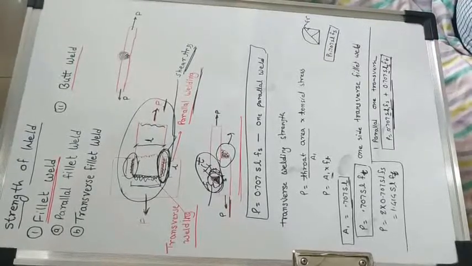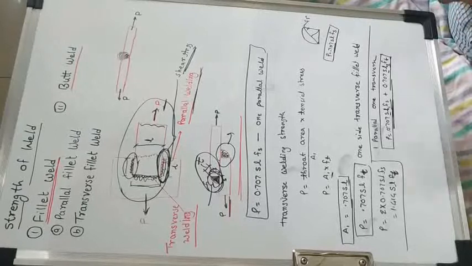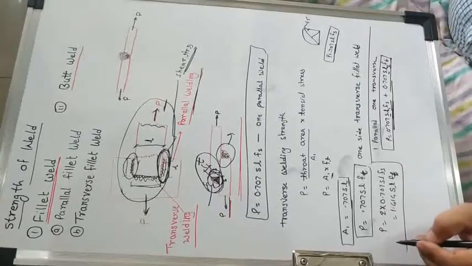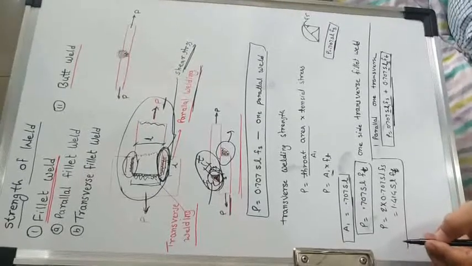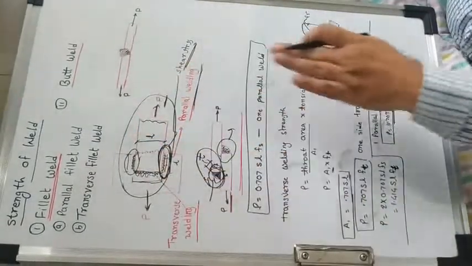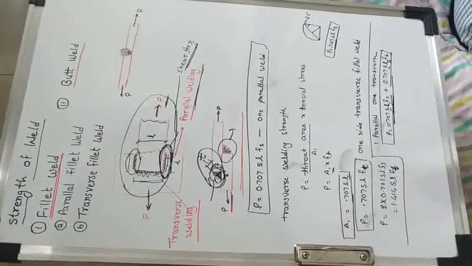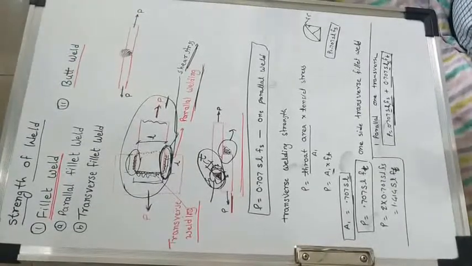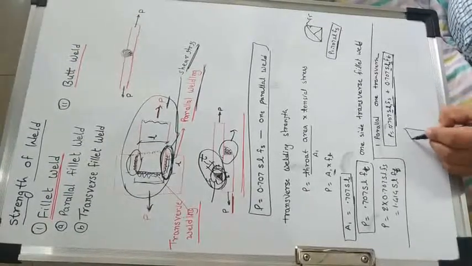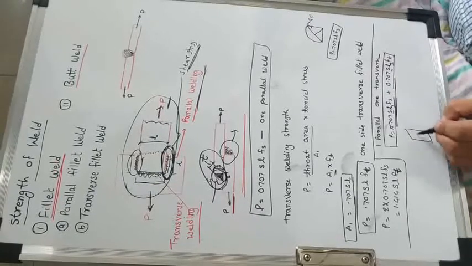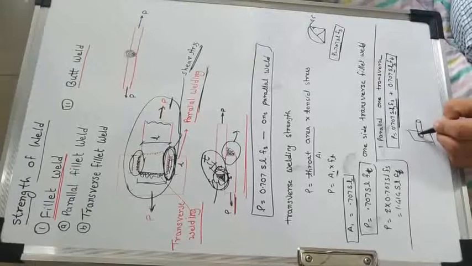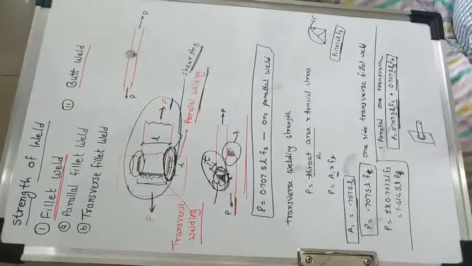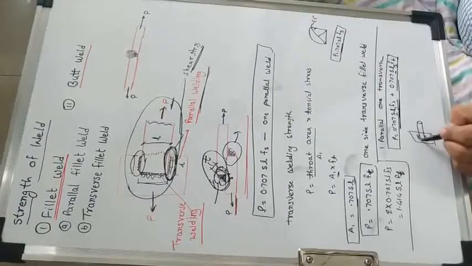Now in the next video we will go for some special cases of the transverse fillet welding. We have seen this simple one. Now if we weld a rod in a plate, consider this is a plate and we have welded one rod here, so we have to weld it in a circle.